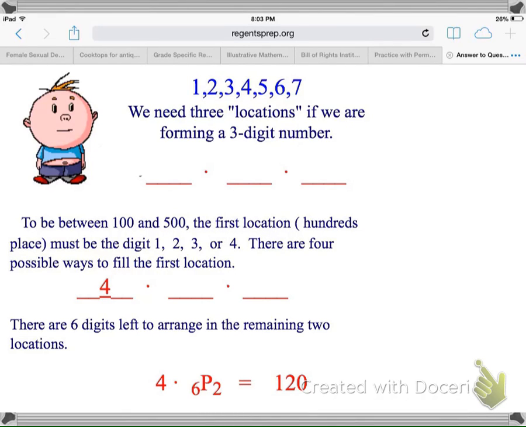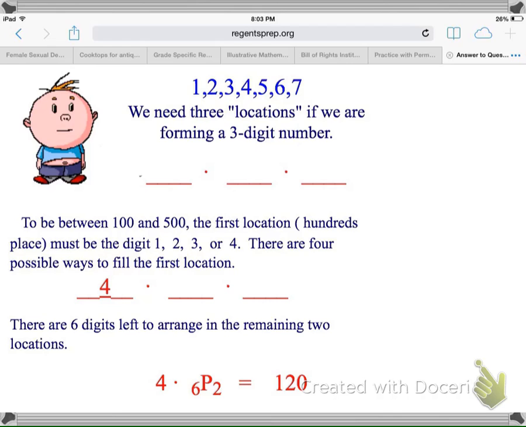Okay, so we have the digits 1, 2, 3, 4, 5, 6, 7, and we need 3 locations if we're forming a 3-digit number. In the 100s, the 200s, the 300s, the 400s, etc. All those 3-digit numbers have 3 locations. So to be between 100 and 500, the hundreds place must be the digit 1, 2, 3, or 4.